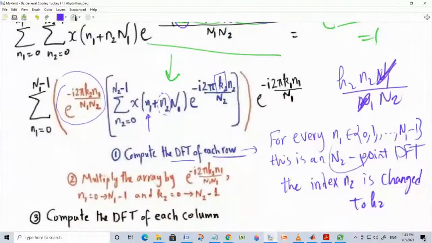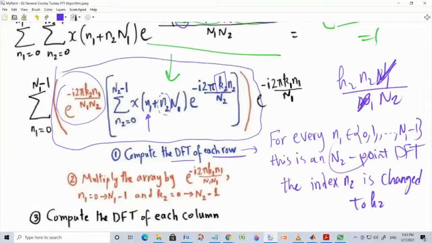Okay, so now once you do this step, what do you have? You have something that depends on n1 and k2.